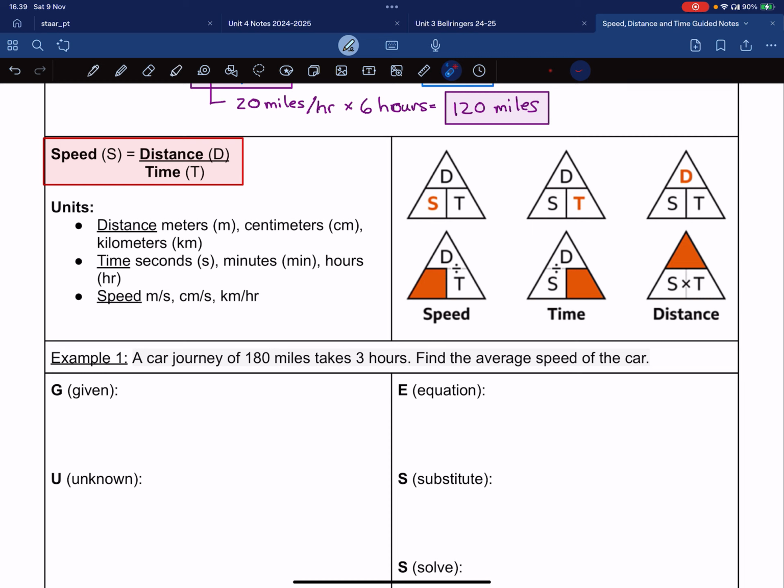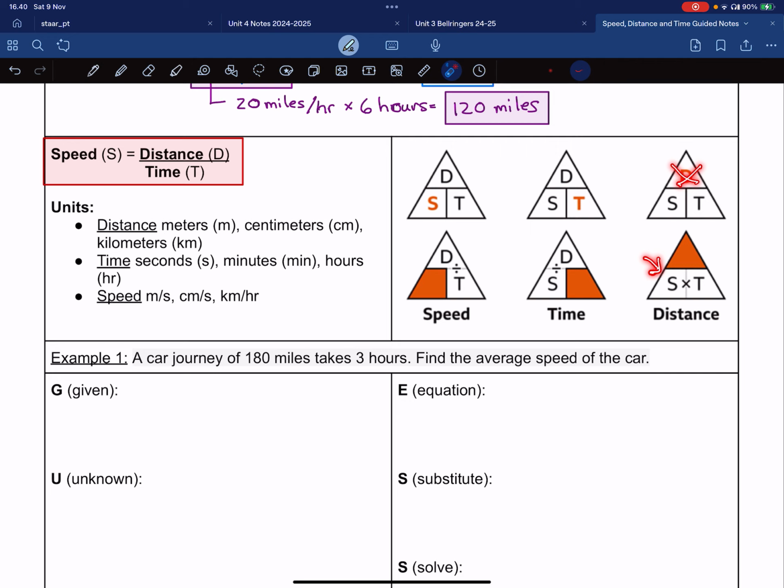So for example, speed is S, distance is D, time is T. If I want to know speed, then I cover up the S and I end up with distance divided by time. If I want to know time, then I cover up the T and I end up with distance divided by speed. If I want to know distance, then I cover the D and I end up with speed times time.